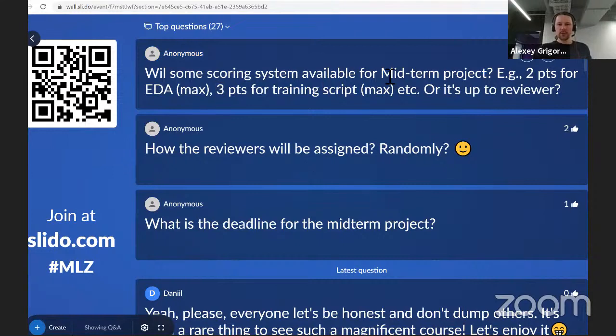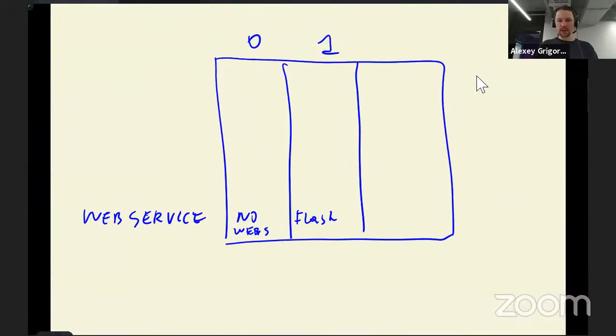Will some scoring system be available for midterm project? Yes, it will be. As I said, we will provide a matrix that will have multiple dimensions, like parameter tuning here, and before that, data prep.